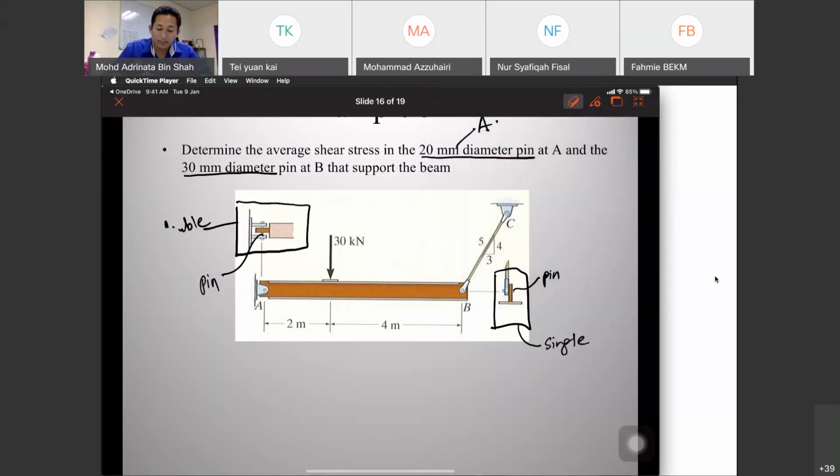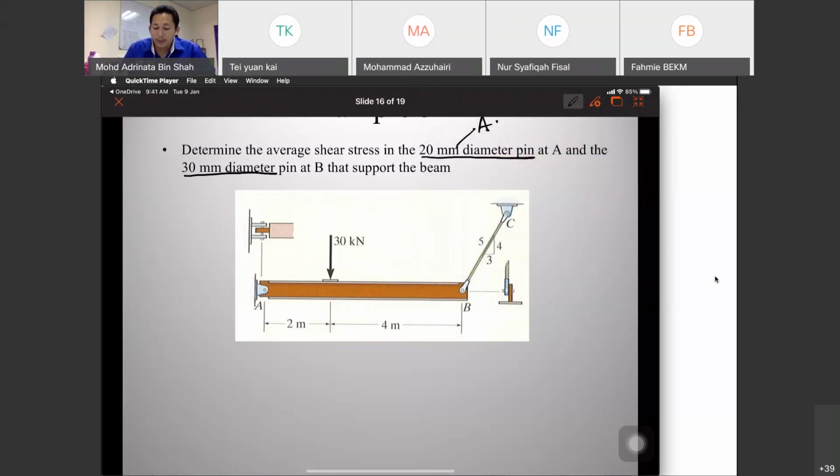Free body diagram. Free body diagram for what? This one. So we have that one, the pin, and this is actually acting at C. So that is the free body diagram to get AX, AY, and FBC.